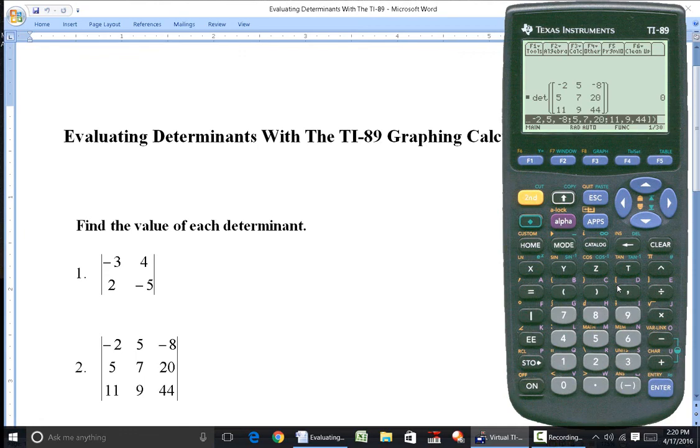So if you're allowed to use those properties to justify your answer, you can just say the answer to this one is 0 because column 1 and column 3 are multiples of each other. So keep in mind there are properties. Whether your instructor goes over those or not depends on him, okay? But that concludes this particular video.